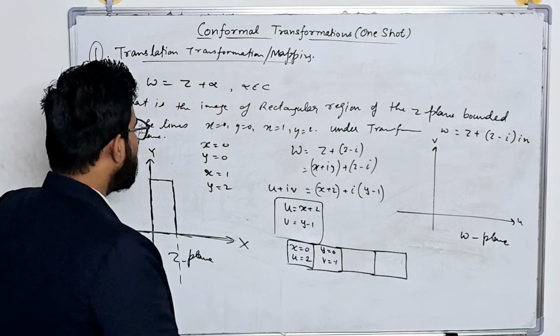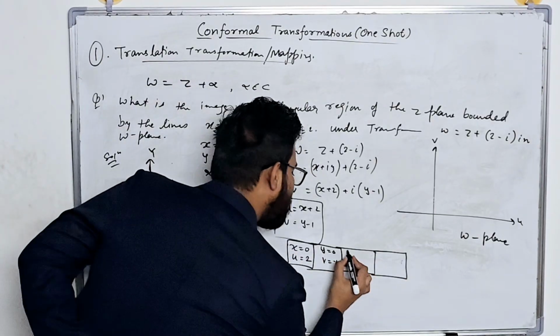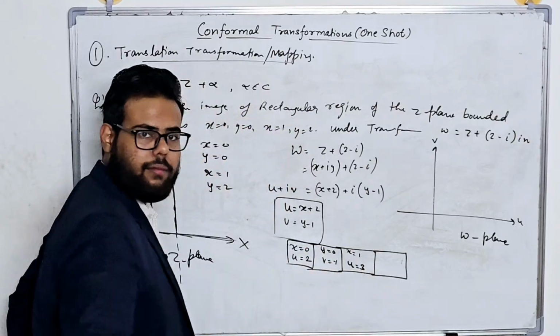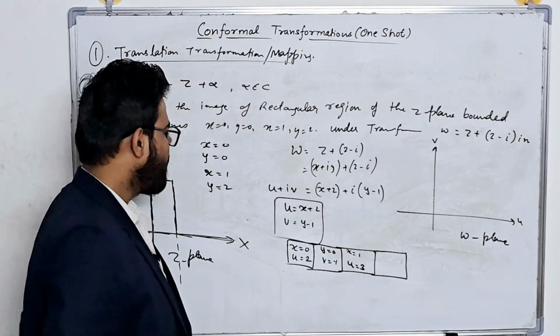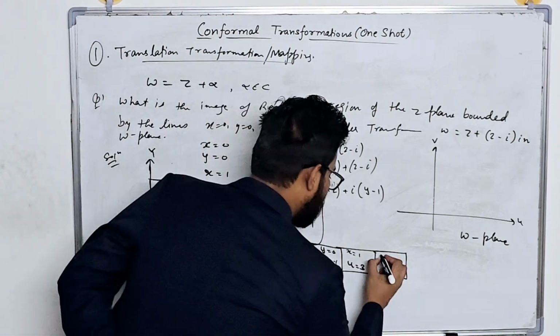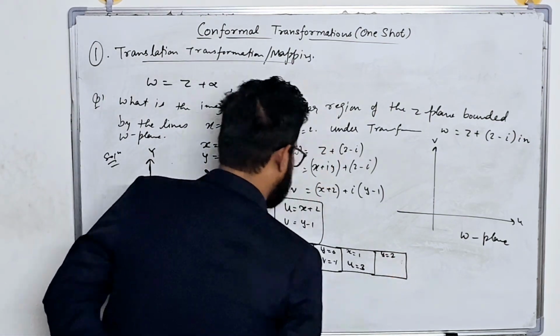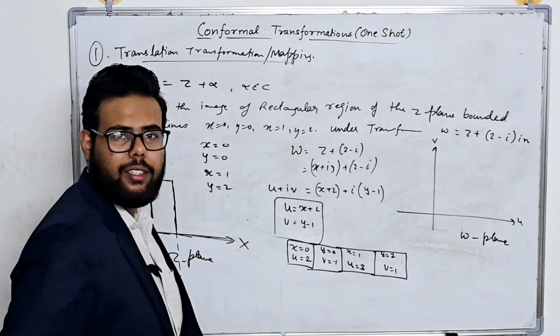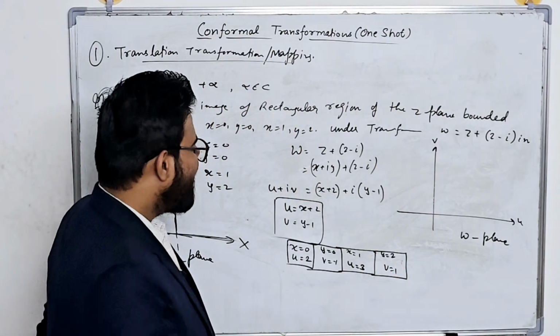Okay. When x is equal to 1, then we have u is equal to 3, okay? And when y is equal to 2, then v is equal to 1, correct? 2 minus 1 is equal to 1, right?